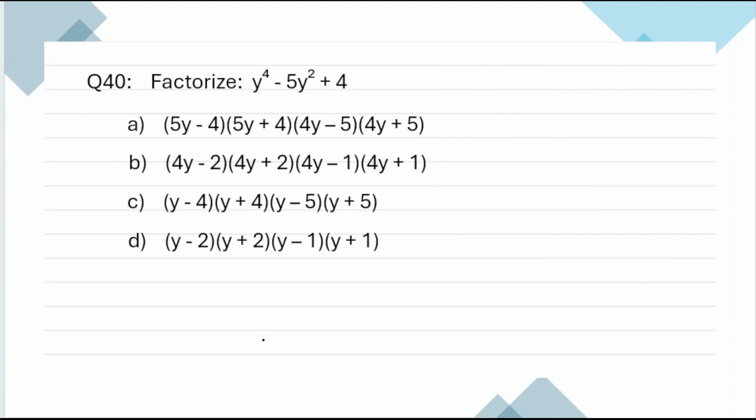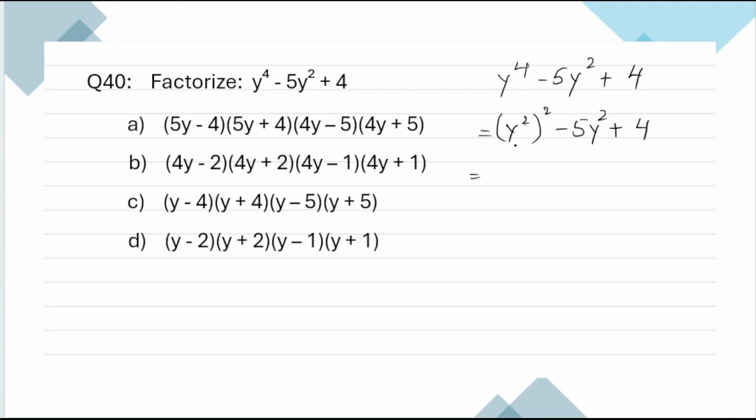Factorize y4 minus 5y square plus 4. If you look carefully, it's a fourth degree polynomial. This type of polynomial has a typical method of solving. I can write this y4 as y square whole square, because 2 times 2 is 4, and then the rest of the terms like this.